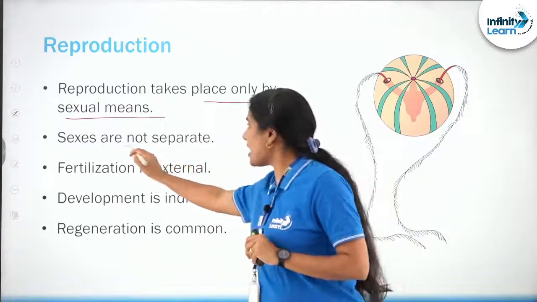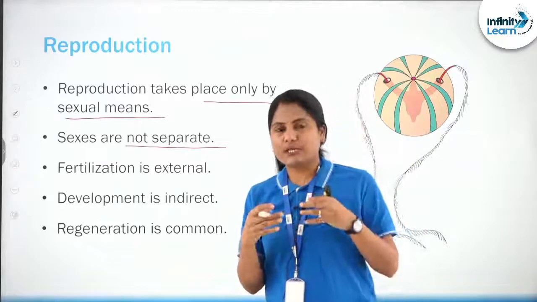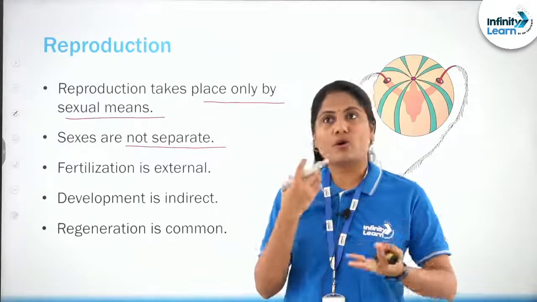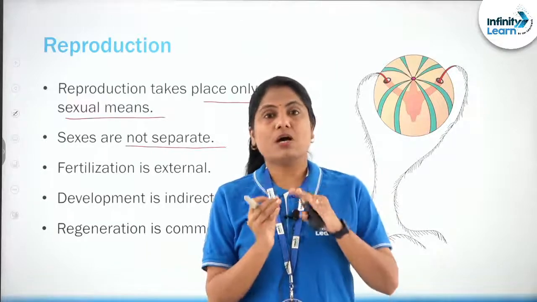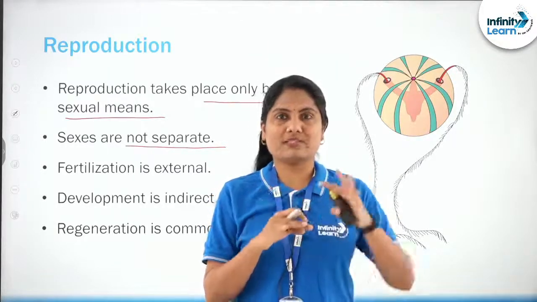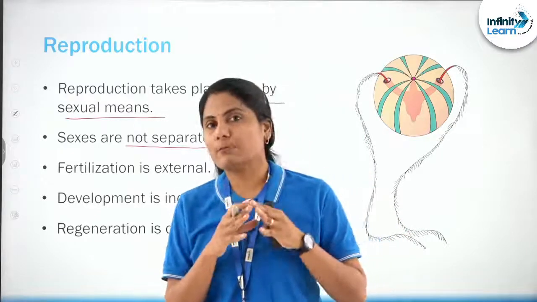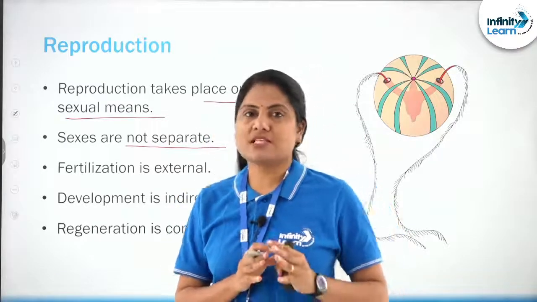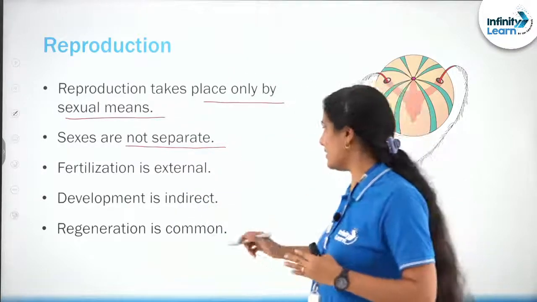The sexes are not separate. Again, during the examination, in a hurry or in anxiety, most of the time you tend to overthink, saying that sexual means the sexes are separate. So clearly remember, the reproduction is only by sexual means, but it is a hermaphrodite. It has both the sexes within.